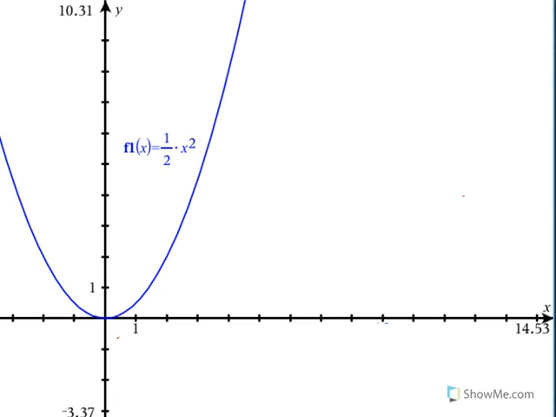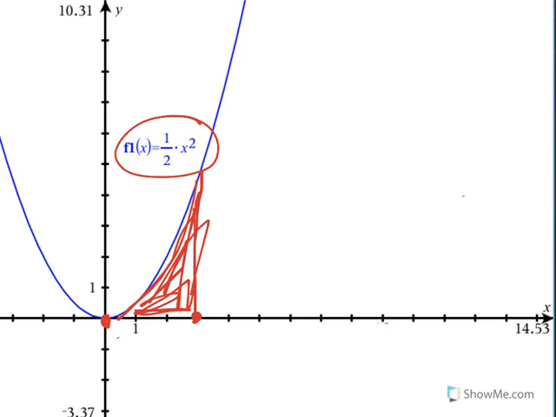So say, for example, you wanted to find the area under this curve, x squared over 2, from 0 to 3. That would be this area right here that we're coloring red.